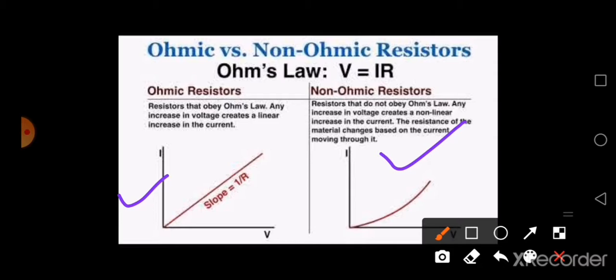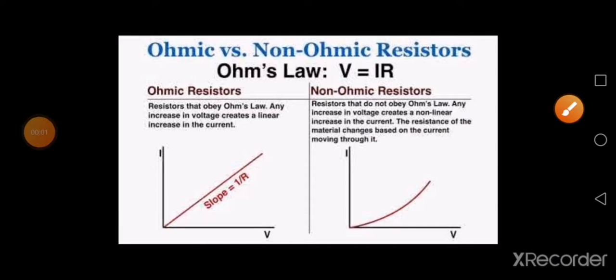In the case of an ohmic resistor, the increase in voltage creates a linear increase in the current, whereas in the case of a non-ohmic resistor, the resistance of the material keeps on changing, because R will not be a constant value. If R has to be constant, it should be under constant temperature. It is not obeying that, that is why we call it a non-ohmic resistor.